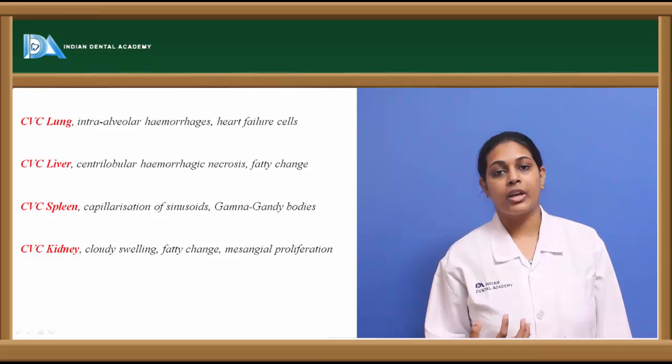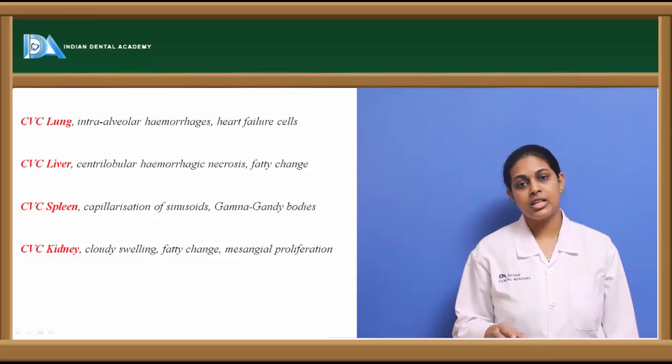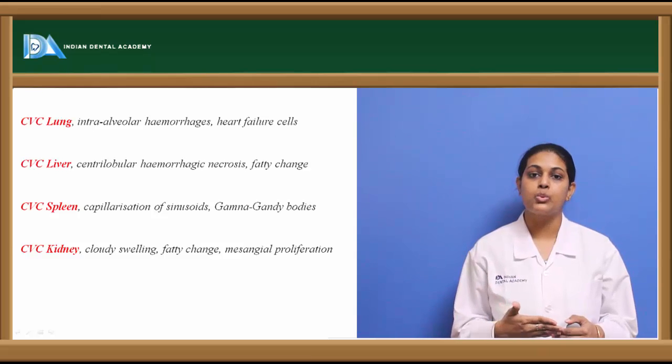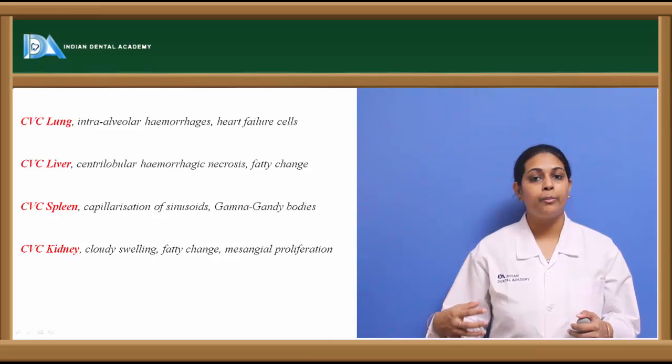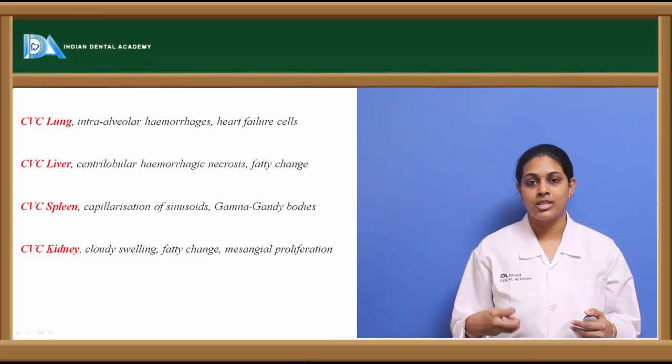Heart failure cells are nothing but the hemorrhagic areas which are present over the fibrous tissue. These hemorrhagic areas constitute red blood cells, which release the hemoglobin pigment, and this released hemoglobin pigment is known as hemosiderin.